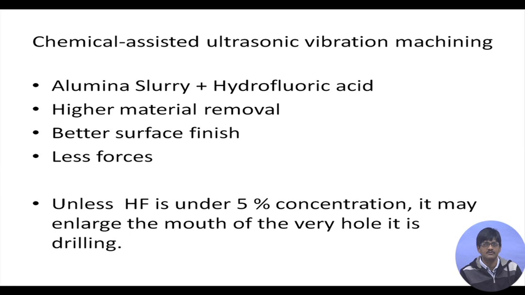That means those places where abrasive grit action has not taken place. Normally, when abrasives are impacting, there will be some upraised portions where the abrasive has not hit, and they will be defining the surface roughness. So, if we put some acidic medium which eats away those portions, we will have a much smoother surface.